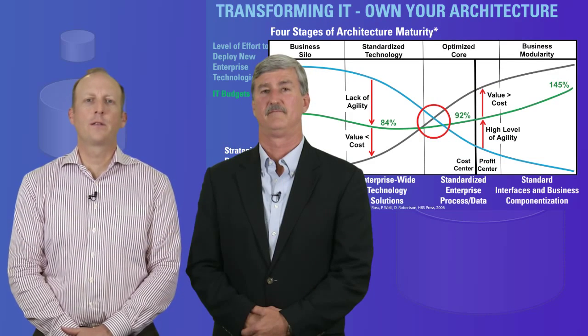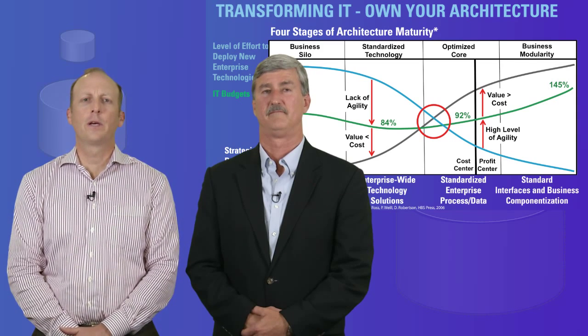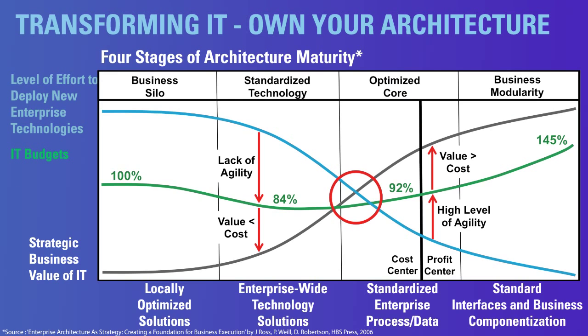Okay, so let's summarize the three different architectures that we've talked about in phases. Again, we started with this particular slide, going through the four stages of architecture maturity. The takeaway here is that the strategic value goes up, obviously, as you move away from a business siloed environment to business modularity.